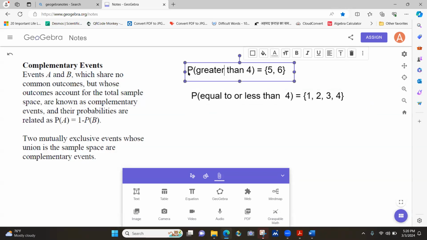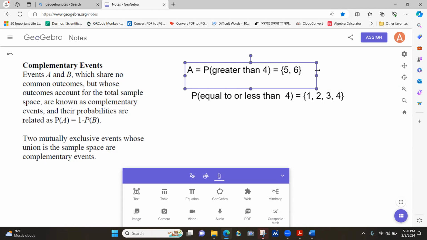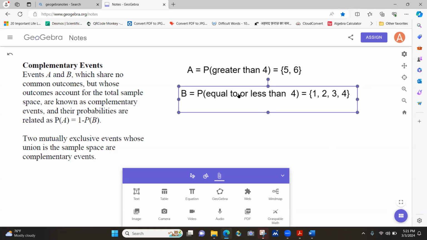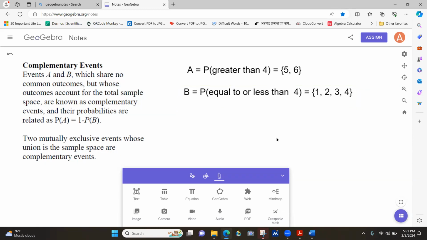If A and B are complementary, let's call this A, the first event, and let's call the second event B. Now, A and B are complementary. We described it. Now, the probability of A is 1 minus the probability of B, and vice versa. So what's the probability of A?